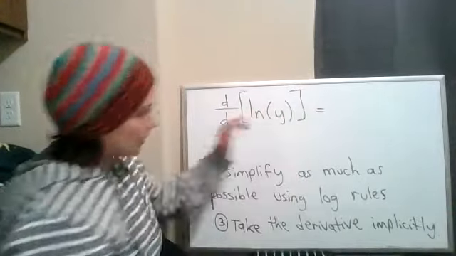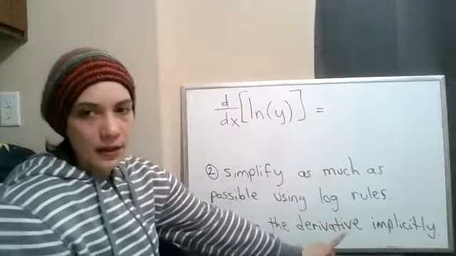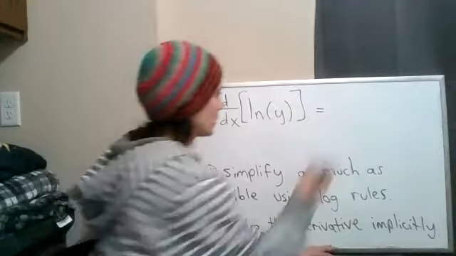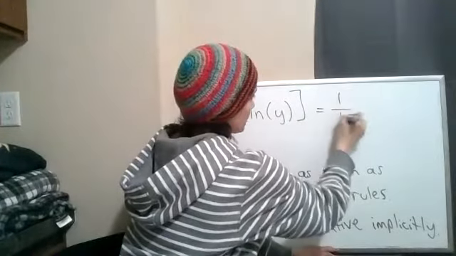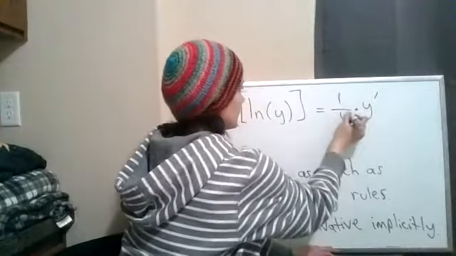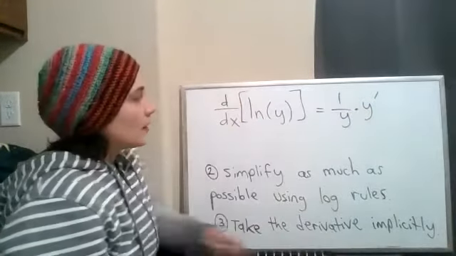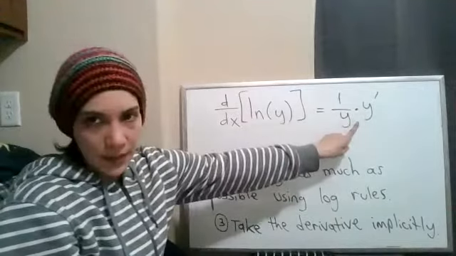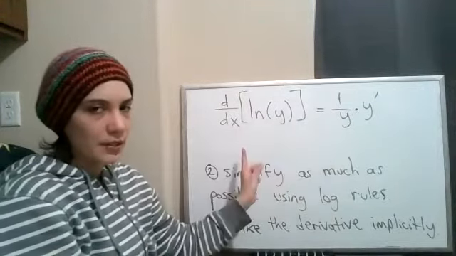Okay, and it will be a function, so it's 1 over y times y prime. So isolate y prime by multiplying both sides of the equation by y.